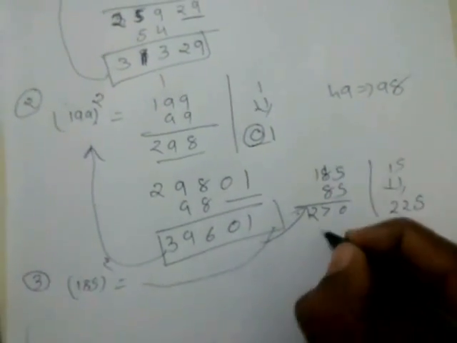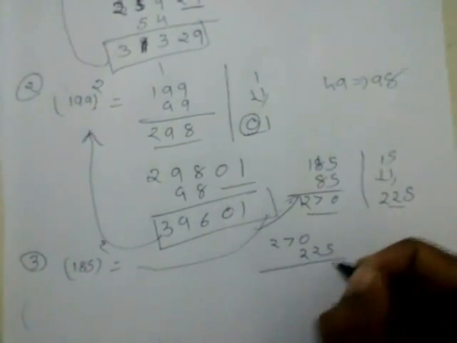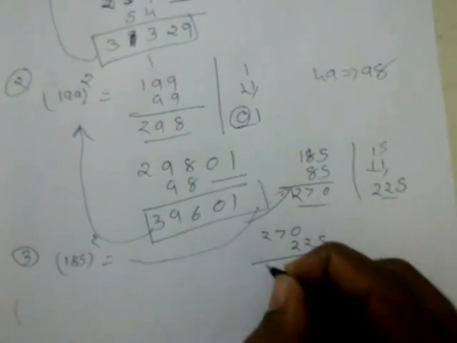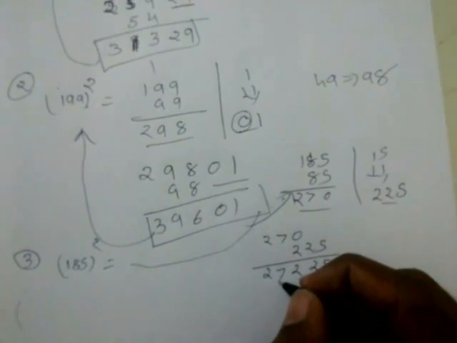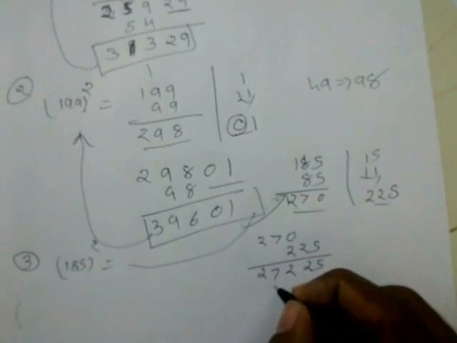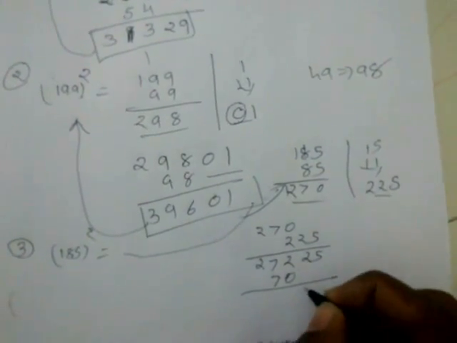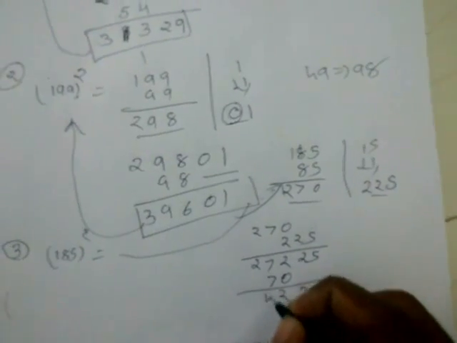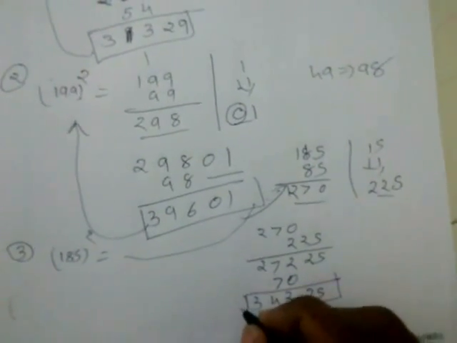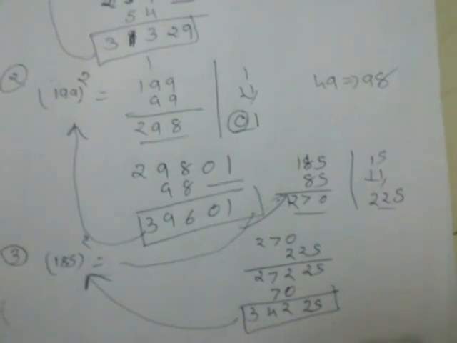Combination 270, 225. And the difference will be 35. And the double of 35 is 70. 34225 is the square of 185.